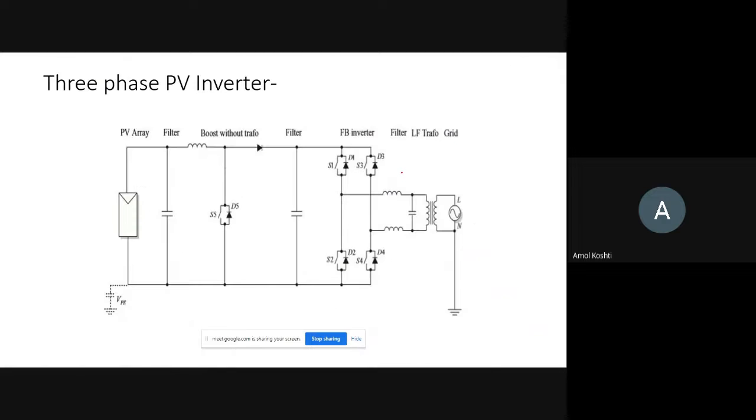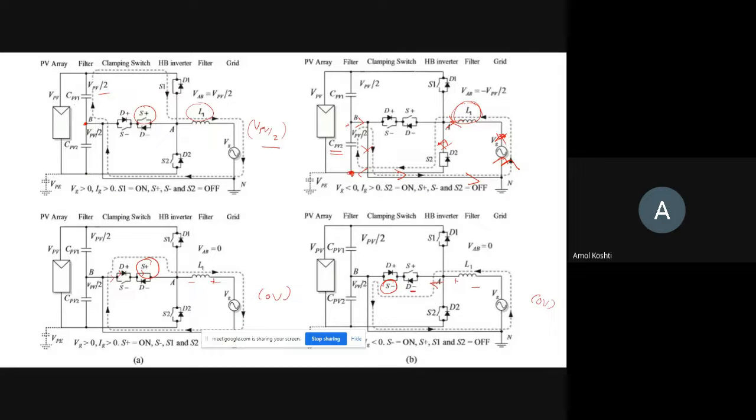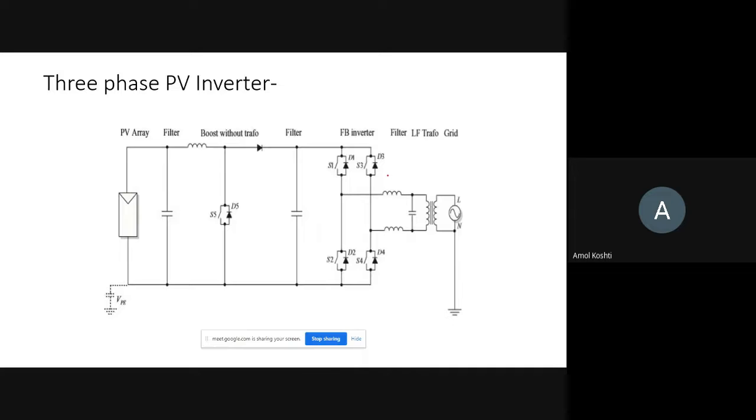Whatever we have discussed, we discussed only for single phase outputs. So can we use this for three phase? Yes, we can use this also for three phase. Three phase multi-level output means every phase is producing a multi-level output.